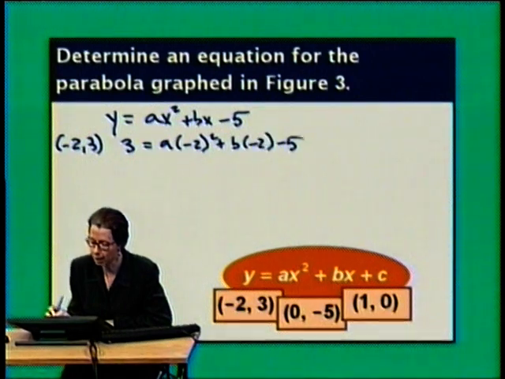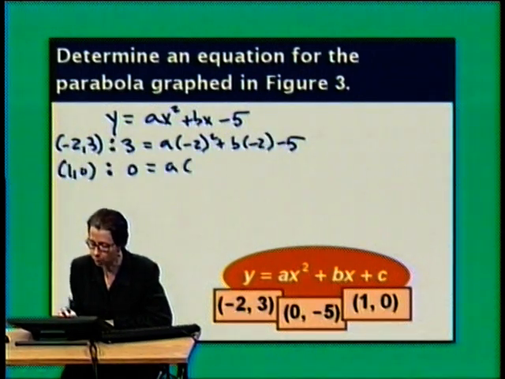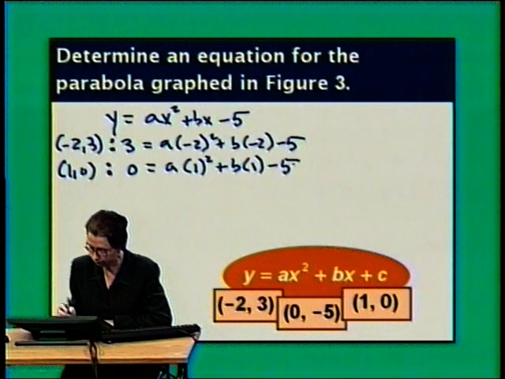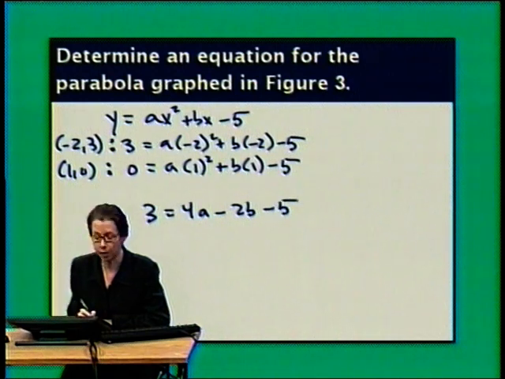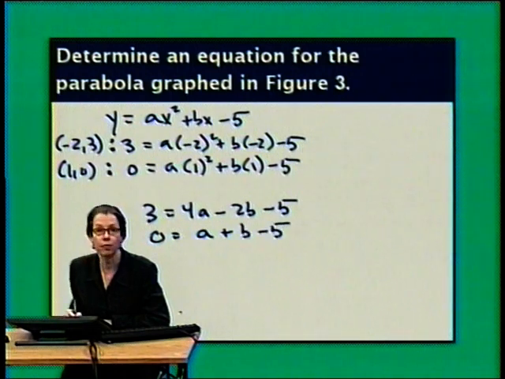And the ordered pair 1, 0 tells me that y equals 0 when x equals 1. So simplifying things here, I end up with the system 3 equals 4a minus 2b minus 5, and 0 equals a plus b minus 5.